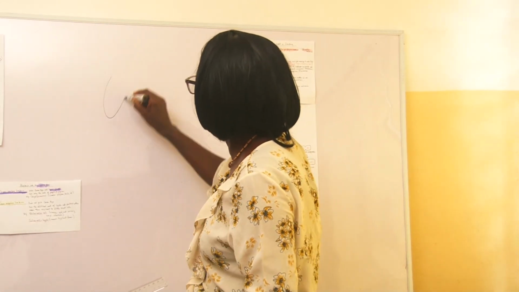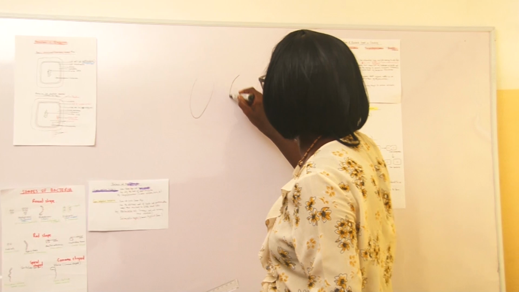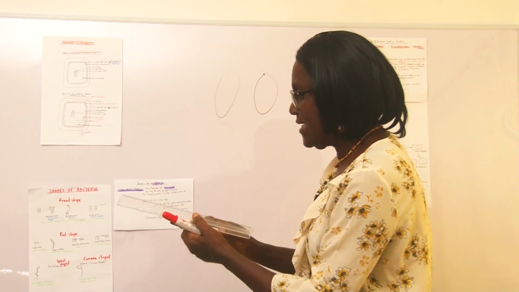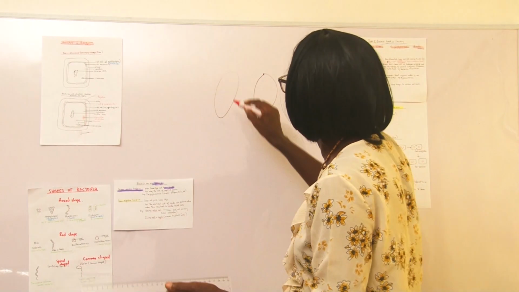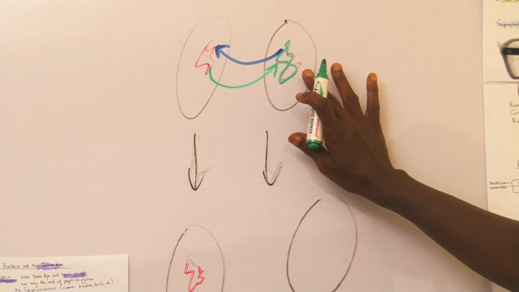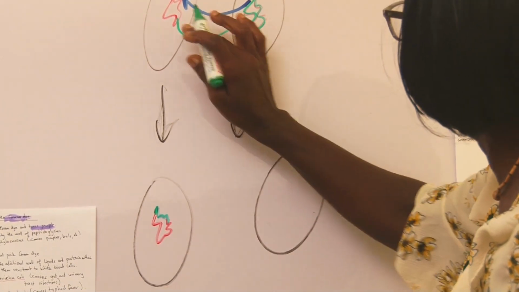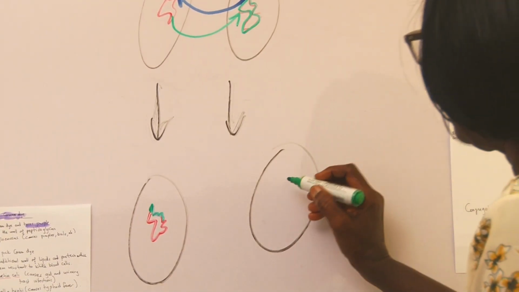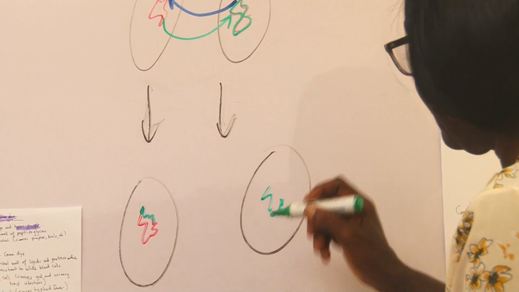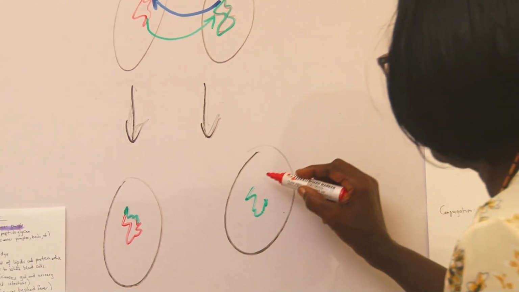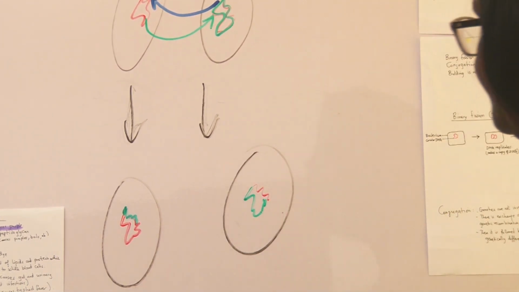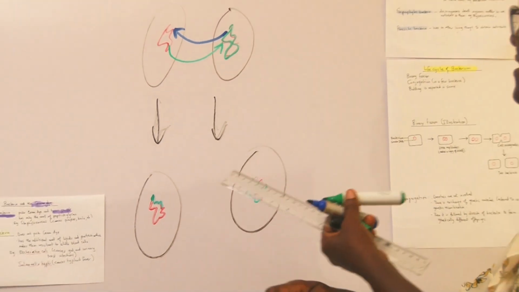So if this is one individual and this is another individual, they have their genetic material. So they exchange some genetic material. So this one will have some green in here, and this one will have some red inside here. So they exchange their genetic material.